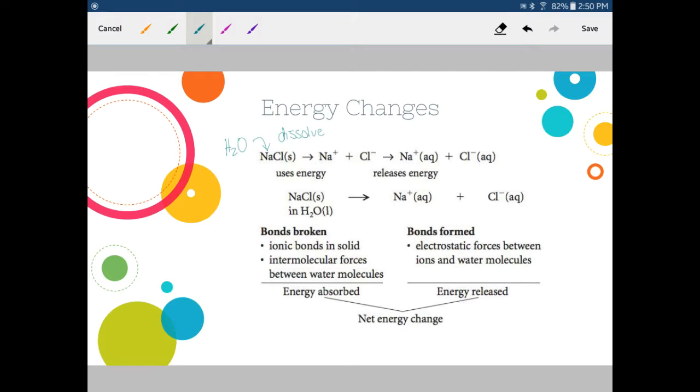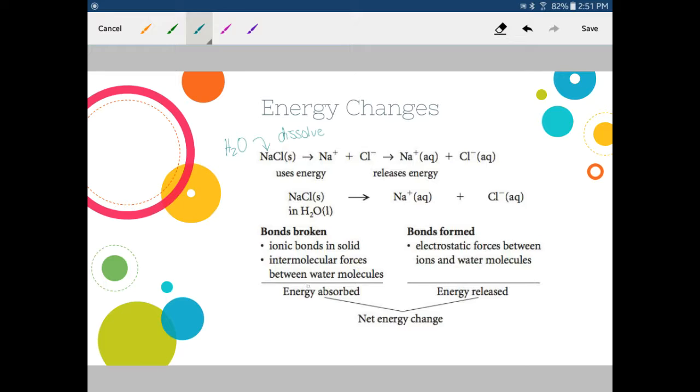In that process, energy is absorbed, or used. But when we have sodium and chloride ions produced, there's a new electrostatic force between those ions and the water molecules. The positive ions attract to the polar negative side of our water molecule and vice versa for our negative ions. And in that process, energy is released.